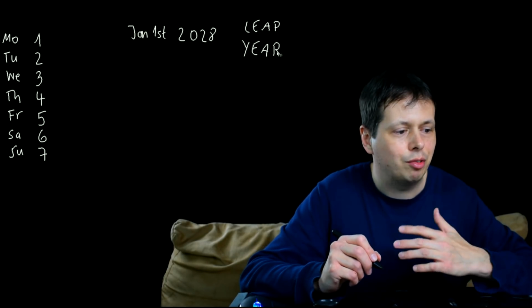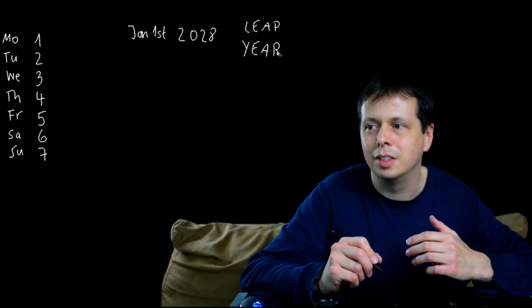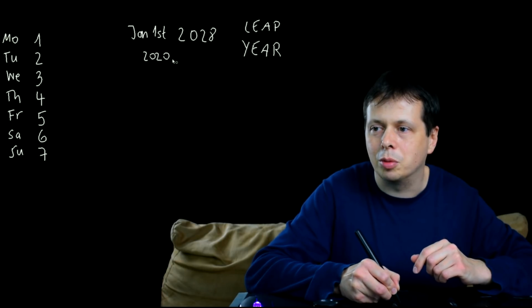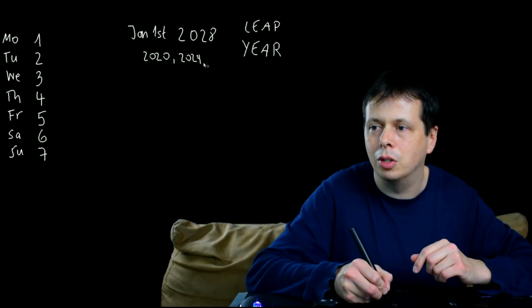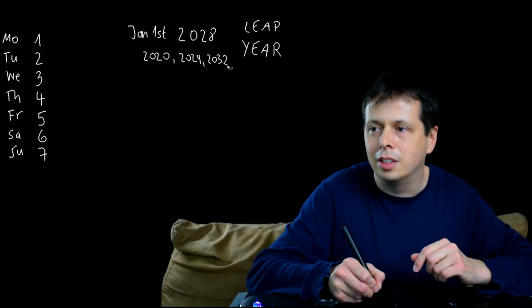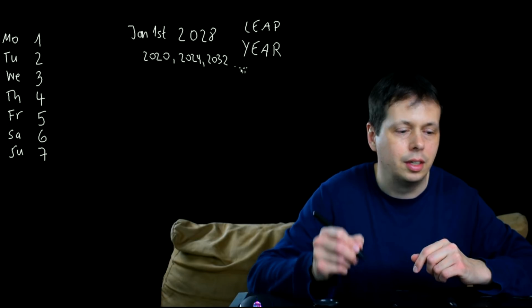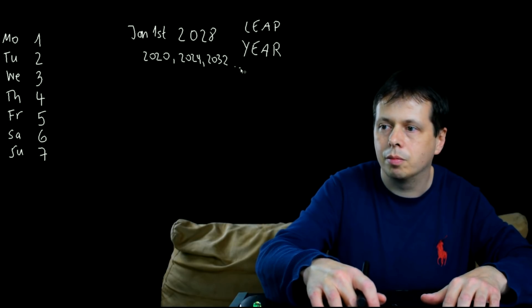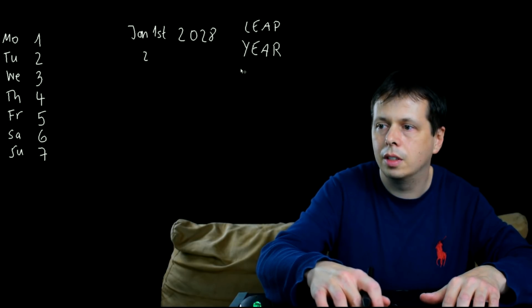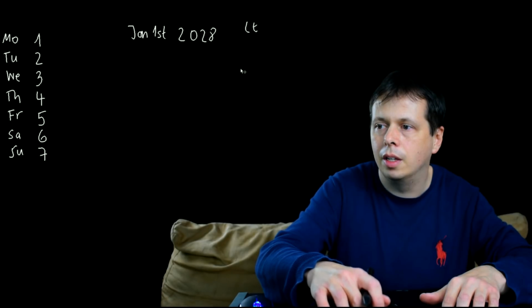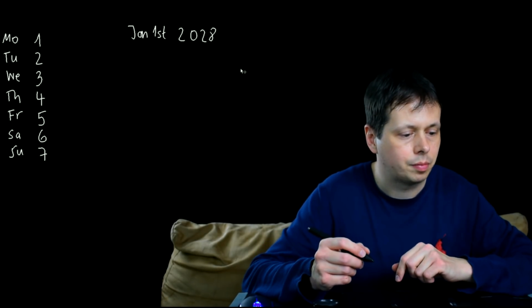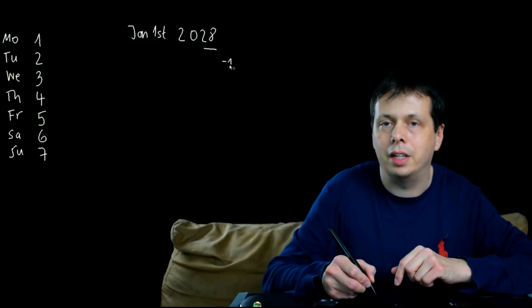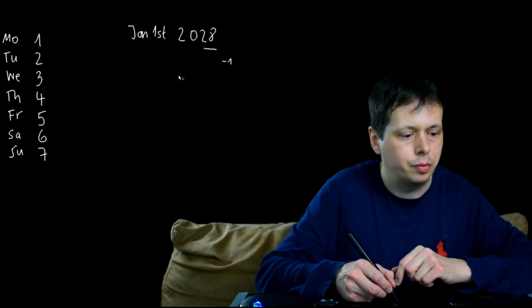And so you have to know what the leap years are: 2020, 2024, 2028, 2032 and so on are the leap years. And then you have to make your last two digits minus 1 for the number above.